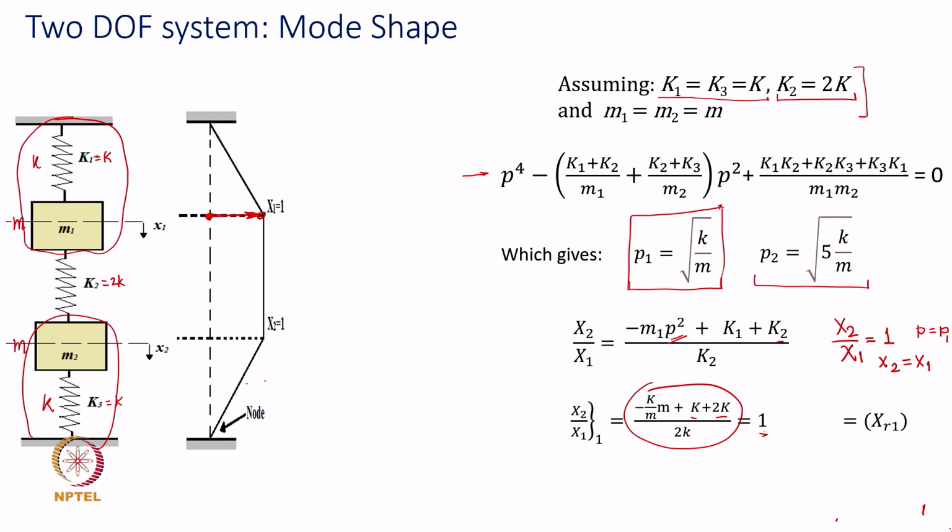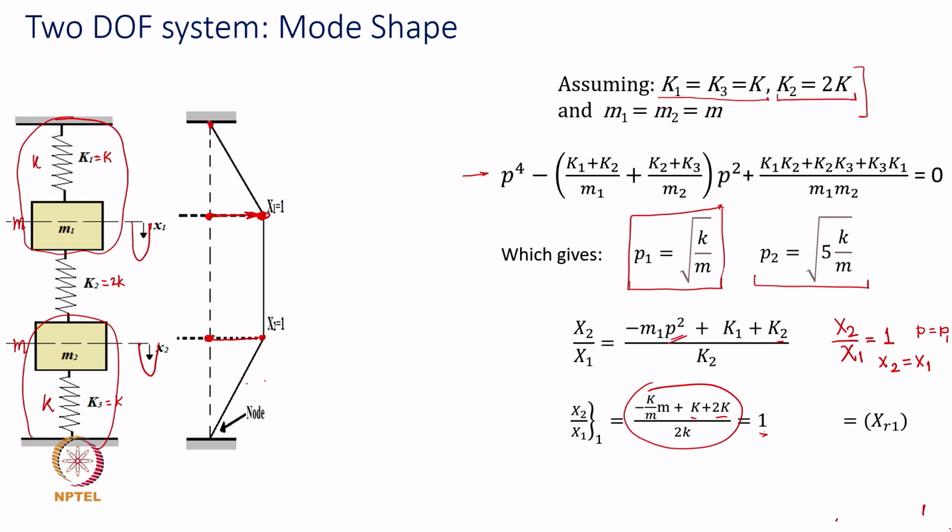So, this is the position of mass m1. At the same time, mass m2 will also move in the same direction. If this direction is downward positive, then this also is going to be downward positive with the same amplitude, which I am showing just for the sake of illustration in this figure, in the horizontal sense.